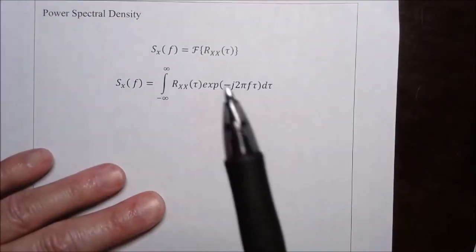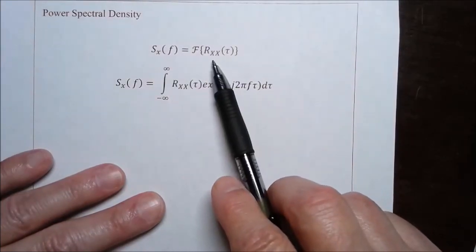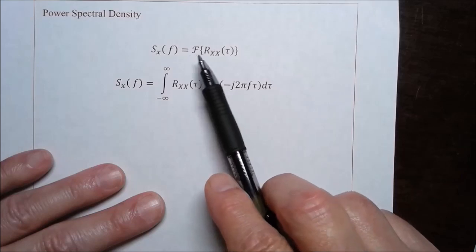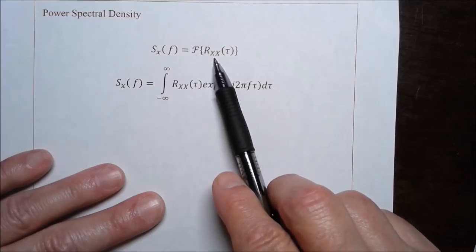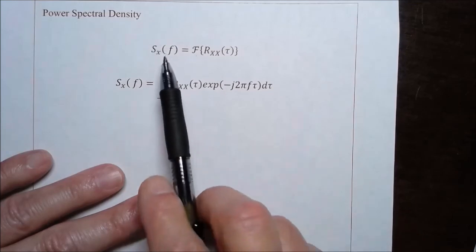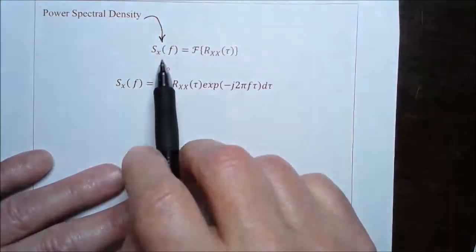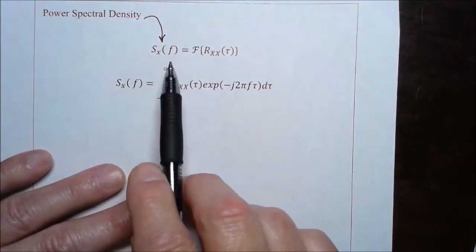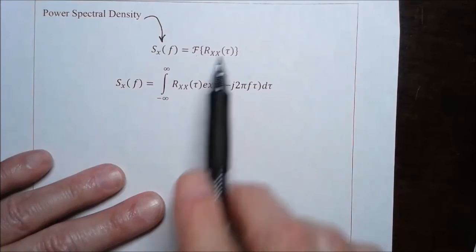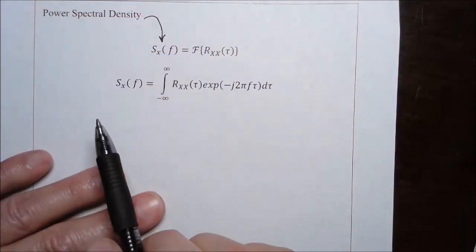Okay, now the last thing I want to point out about the autocorrelation is that the Fourier transform of the autocorrelation gives us the power spectral density, and this is the power spectral density. We can use that to find the frequency content of this random signal, its bandwidth, and other frequency information.